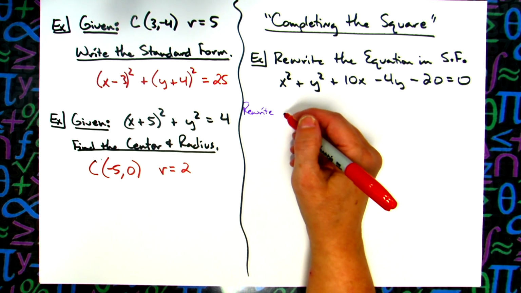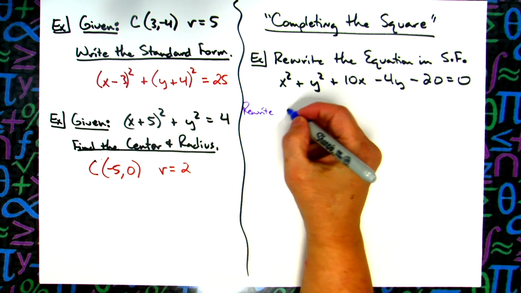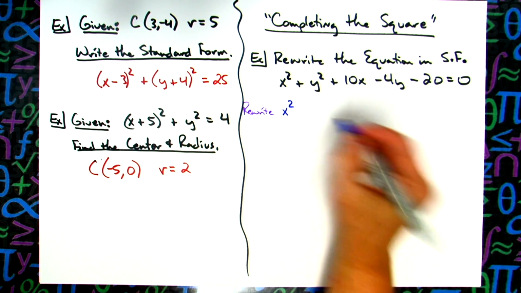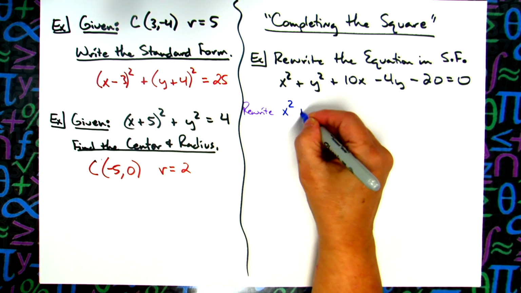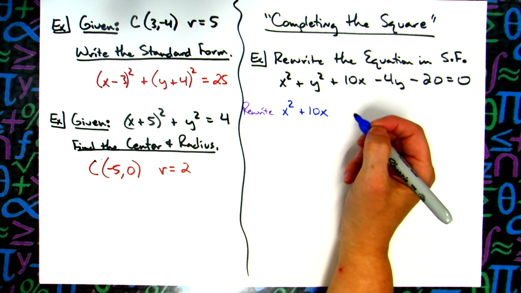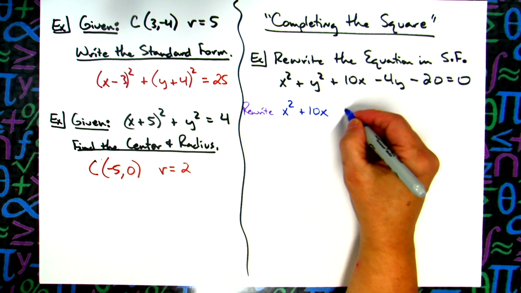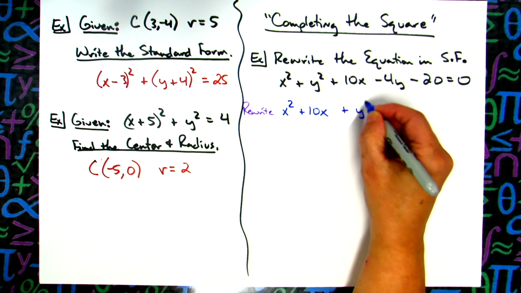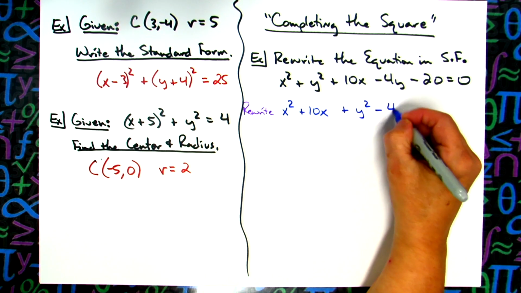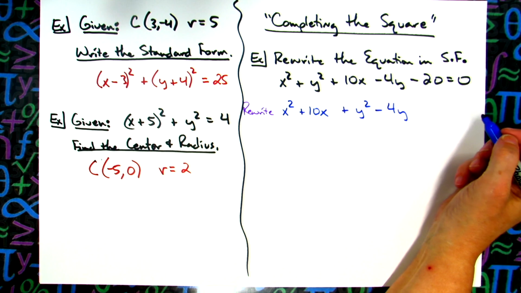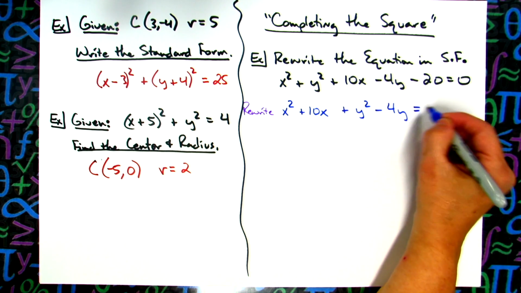I want to be able to color code this, so let's make this a blue. x squared plus 10x, and then plus y squared minus 4y. I want to add 20 to both sides because I want to move that over to the other side.